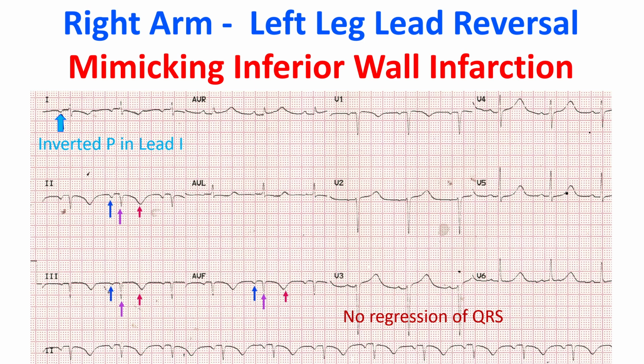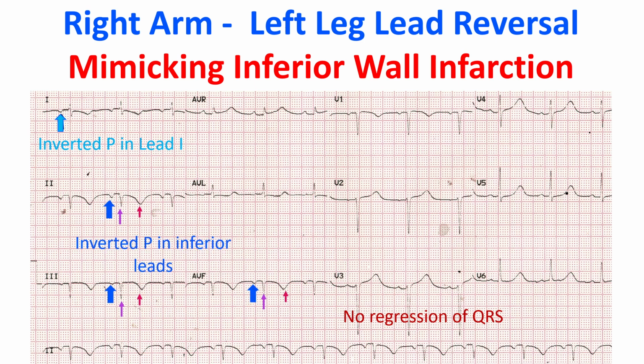But this is not the common right arm, left arm lead reversal pattern when you look at the inferior leads. At one look, the inferior leads make you think of an evolved inferior wall myocardial infarction. But the clue is the inverted P waves in inferior leads.